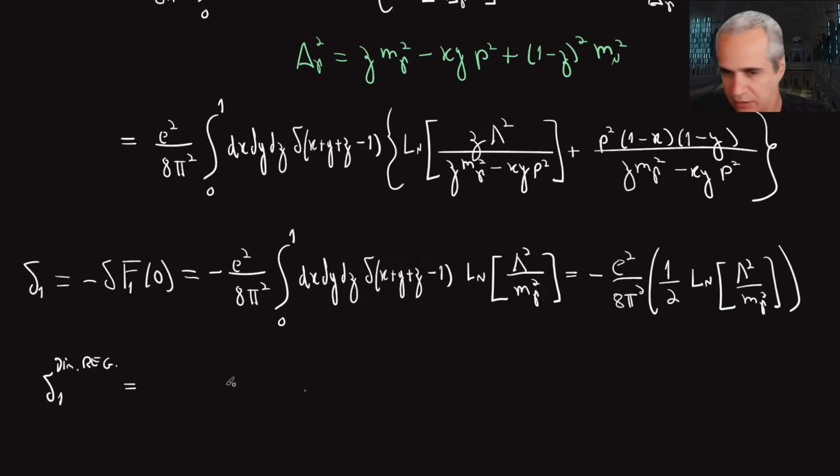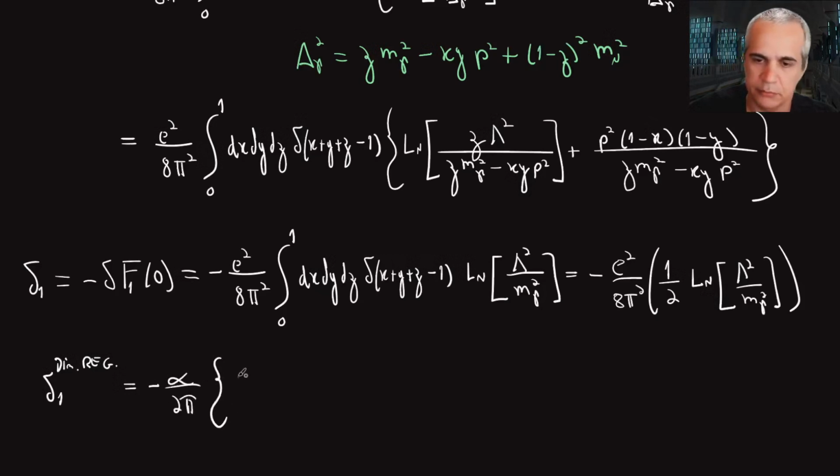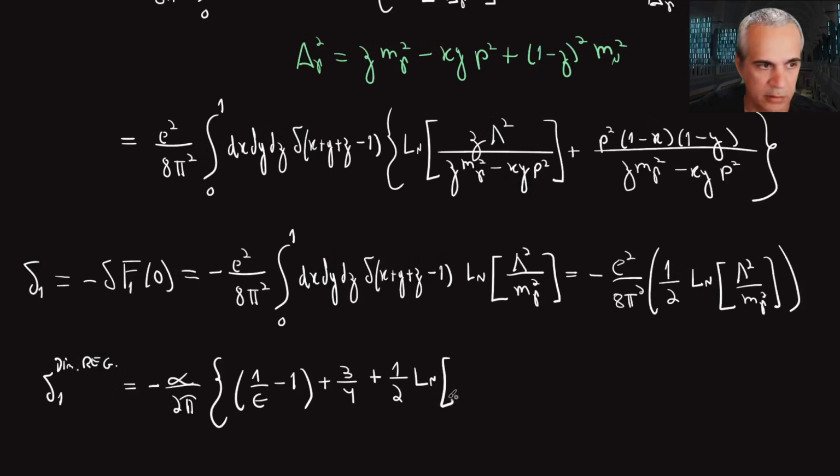You get minus alpha over 2 pi, 1 over epsilon minus 1 plus 3/4 plus half of the log of mu square over m gamma square, right?